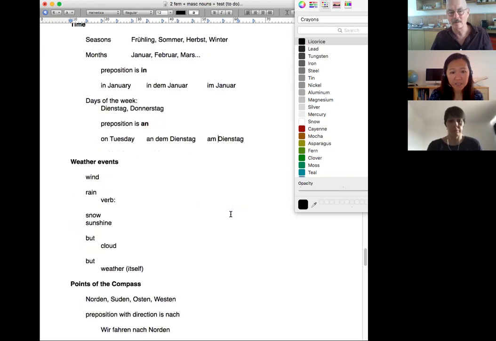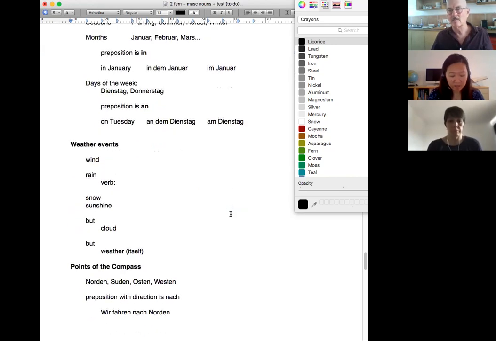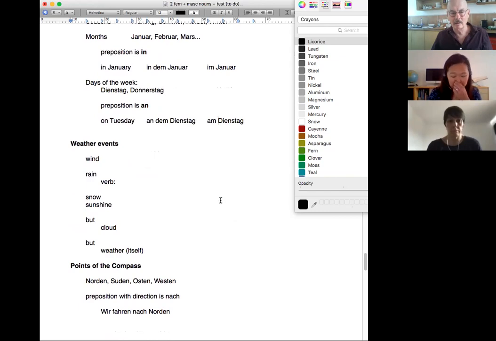That's why it matters. Weather events are masculine. Wind: der Wind. The rain: the verb is regnen, the noun is Regen, der Regen.